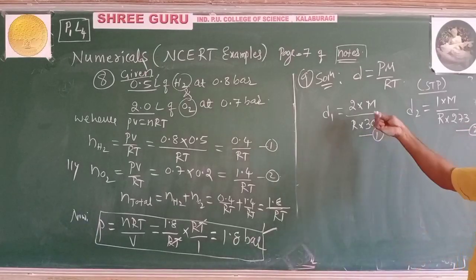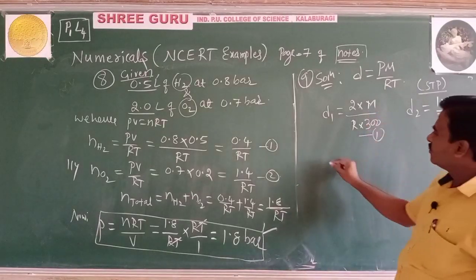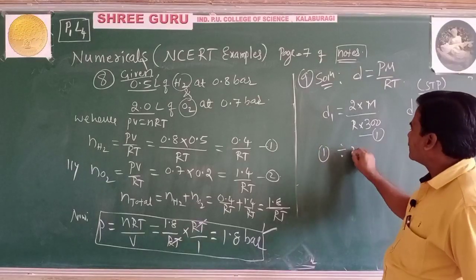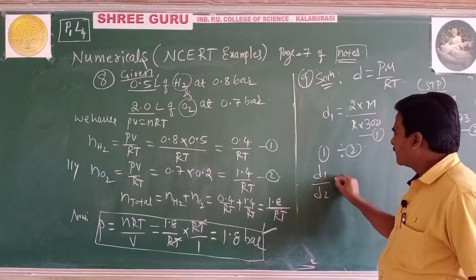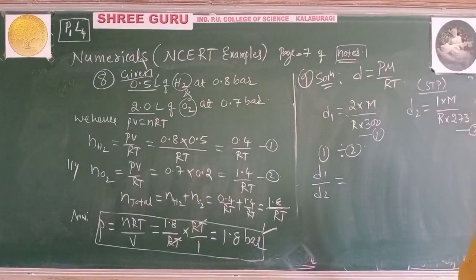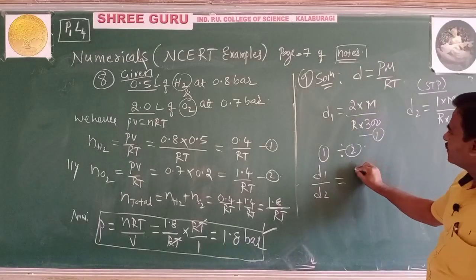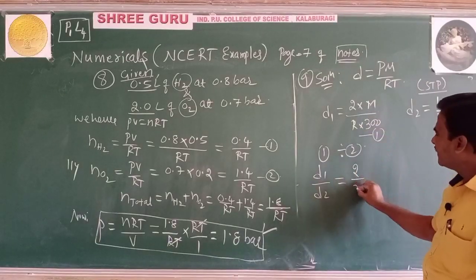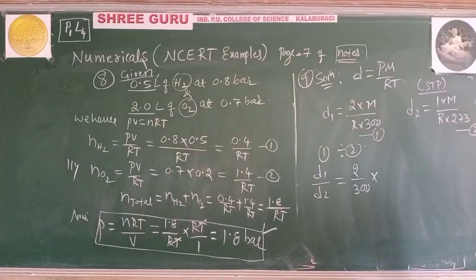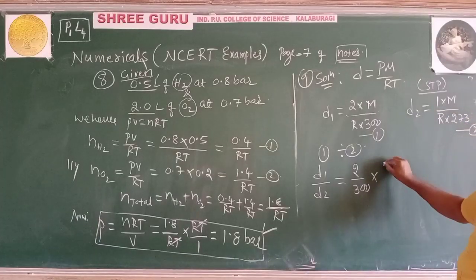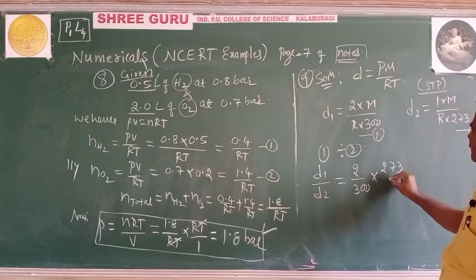So what do you do? Take equation 1 divided by equation 2, the same as D1 by D2. So what do you get? D1 by D2, M and R cancel, the rest is left over. So you get 2 divided by 300 into 273 divided by 1.